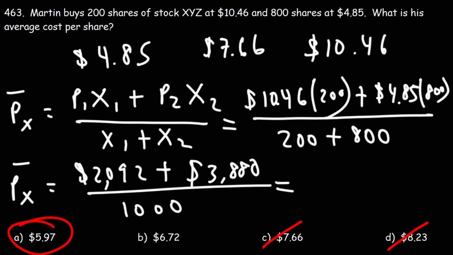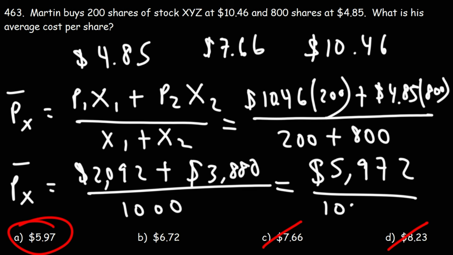So when we add up $2,092 plus $3,880, we get his total investment of $5,972. That's the total amount of money that he put into this particular stock.